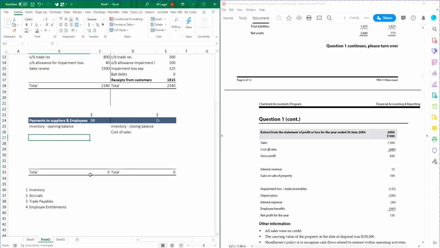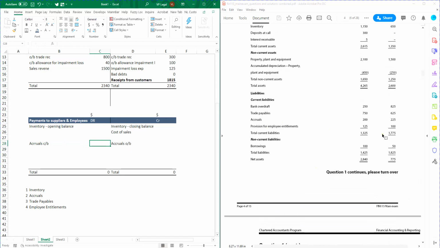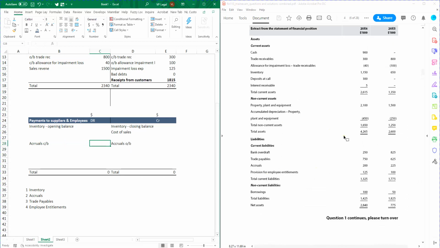So the next thing to look at is accruals. So accruals is a liability. So we're going to put our opening balance on this side. So we'll go accruals, opening balance, accruals, closing balance. Okay. Now, is there anything which is increasing our accruals? It doesn't look like it.